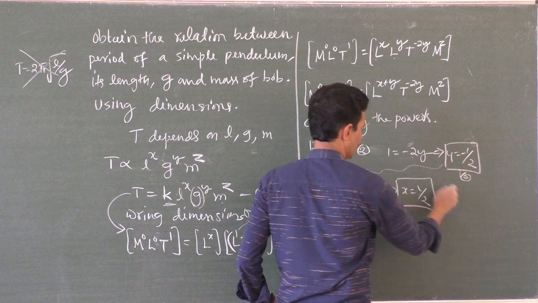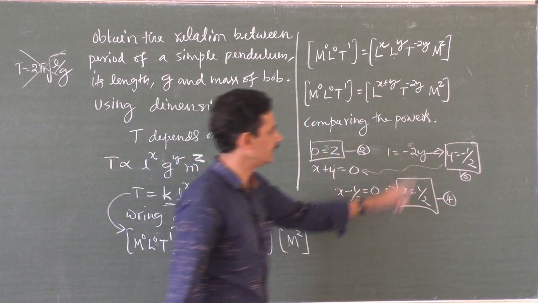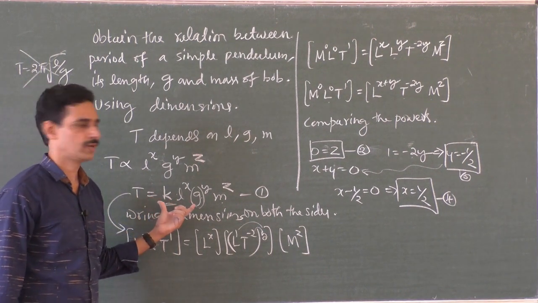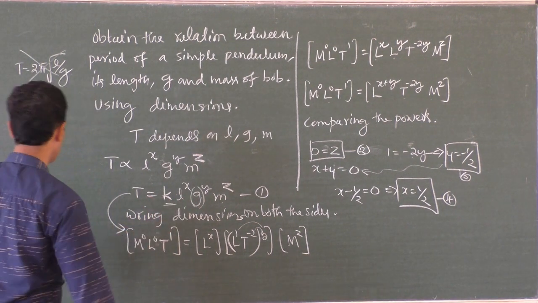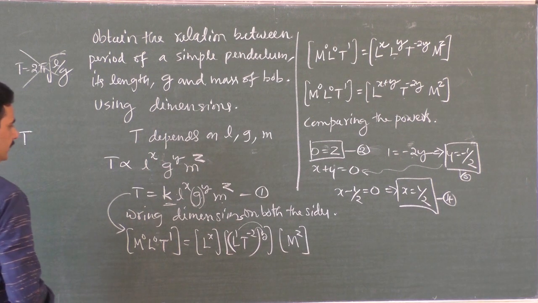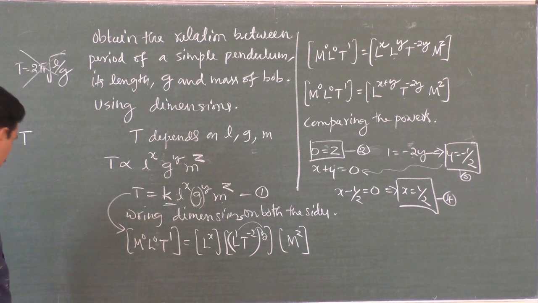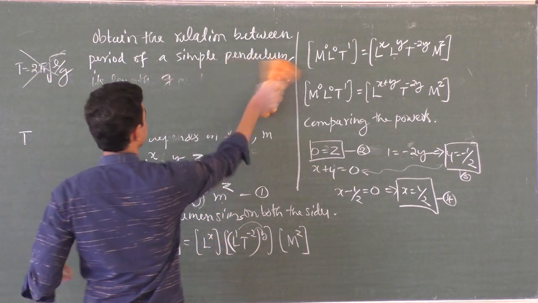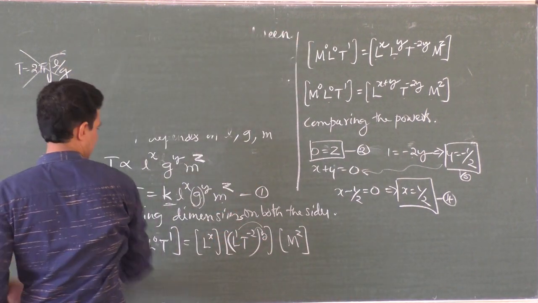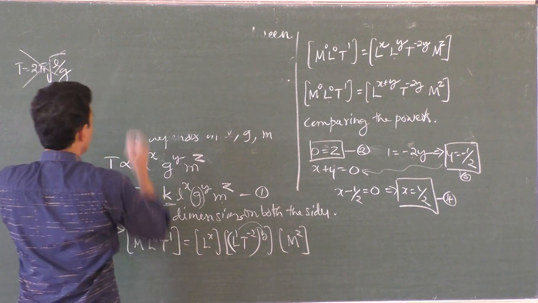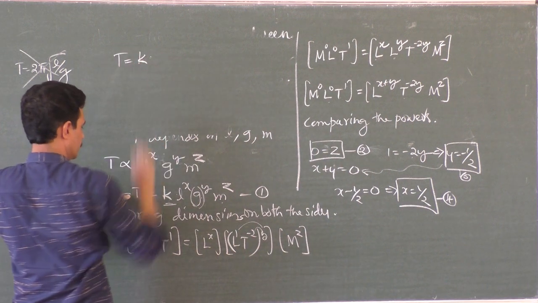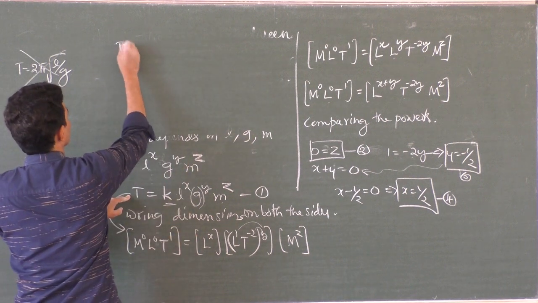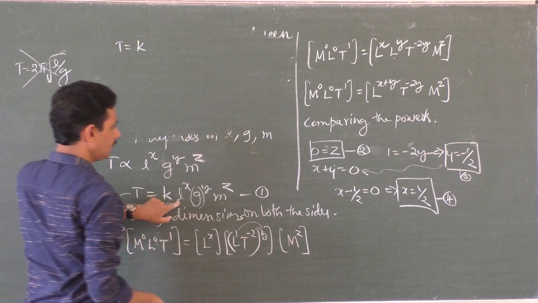This is equation 4. So substitute 2, 3, 4 in the first equation. Put all those values in this equation. What will you get? Period of a simple pendulum. Hope you can see this, or I will write somewhere else. Okay, I'll rub the question now. So period of a simple pendulum, this equation I am writing, is equal to k into, let me write it up here, T is equal to k into L to the power x.